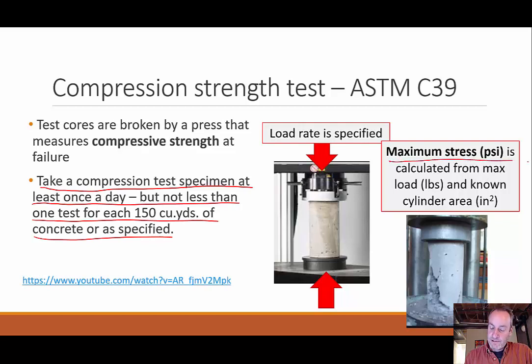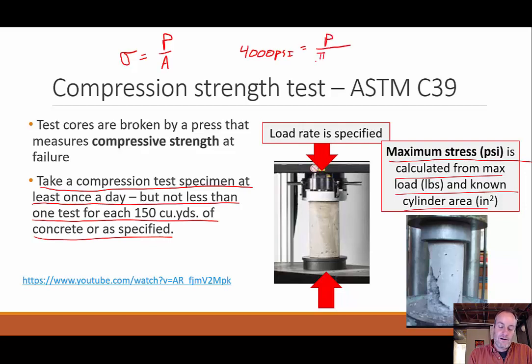If we look at the maximum stress, PSI is calculated from the maximum load known and the cylinder area. That's because our stress, as we remember before for compressive stress, is just the force over the area. So if we have, say, a 4,000 PSI concrete, and we're going to put it in that testing machine, we could figure out what kind of area we would need, because we could do pi over 4 times, for our cylinders that we used, 4 inches squared.